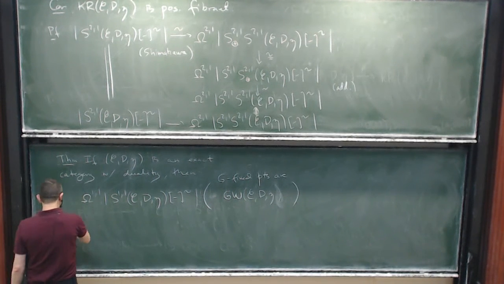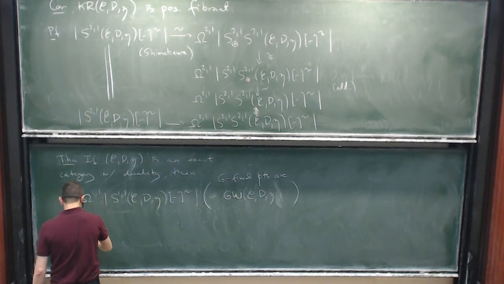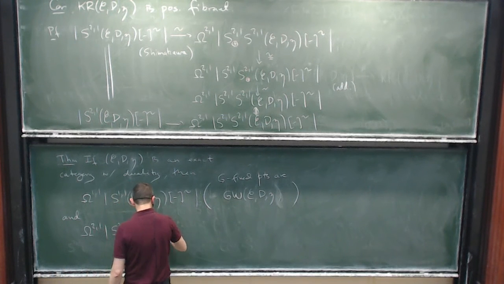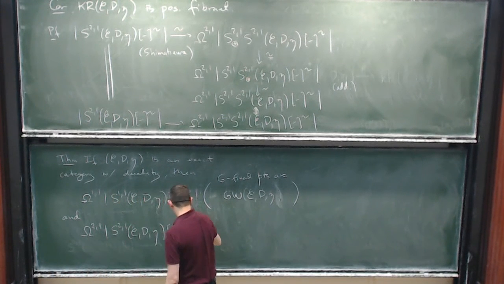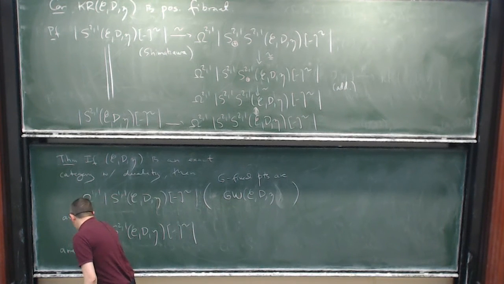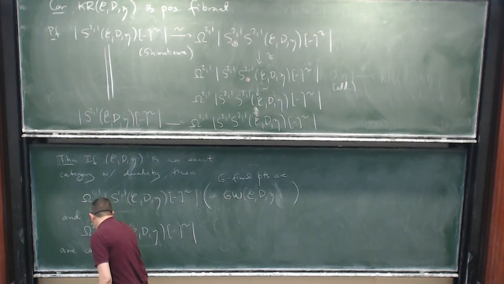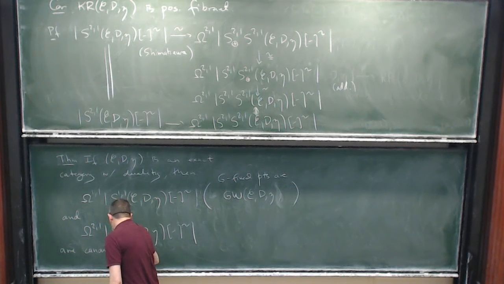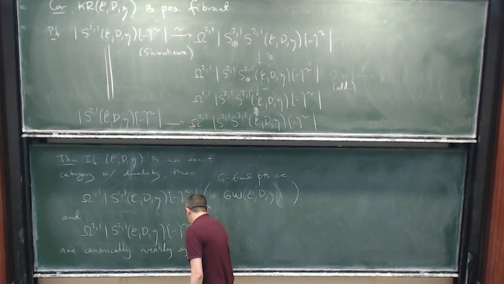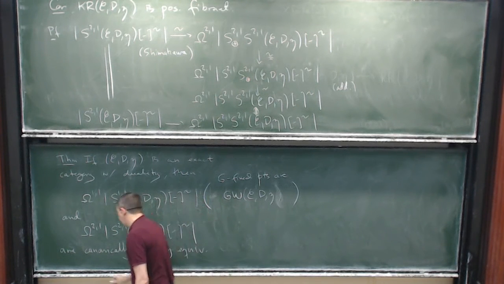So this and this are canonically weakly equivalent real pointed spaces.